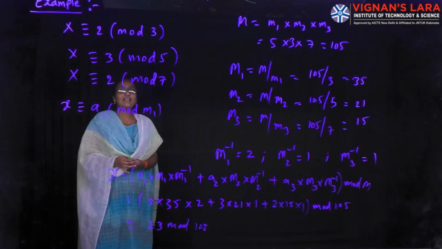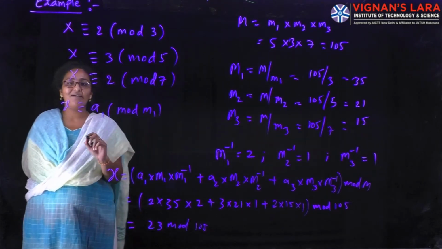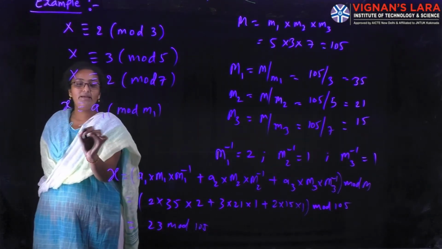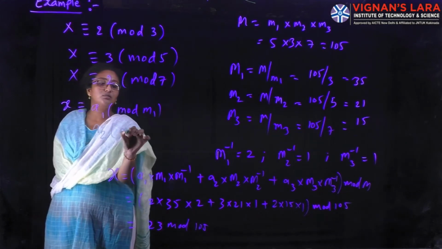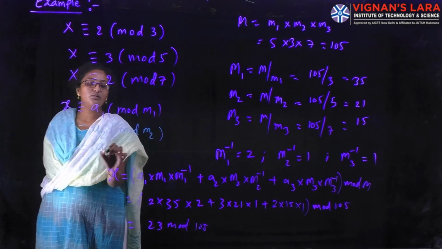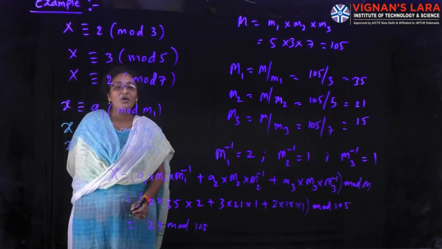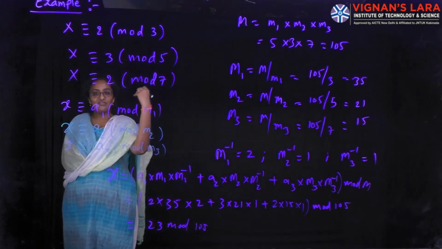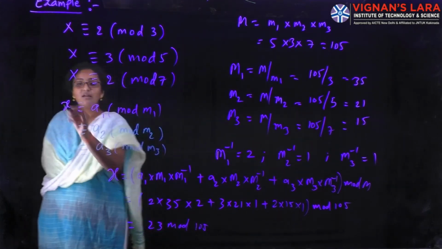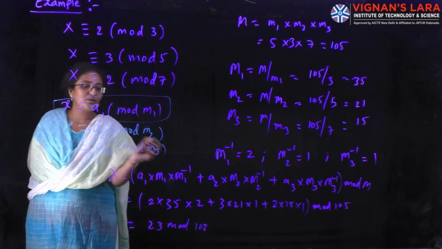So let us see the example for Chinese remainder theorem. What are the congruent equations we have from the statement of Chinese remainder theorem? X congruent to A1 mod M1, X congruent to A2 mod M2, till X congruent to AK mod MK.